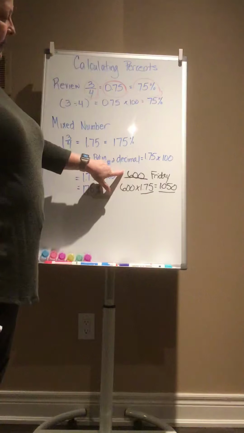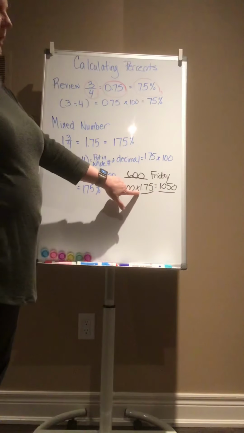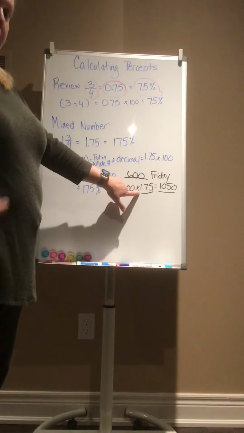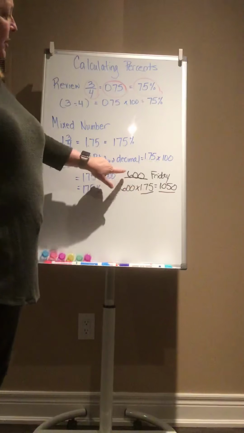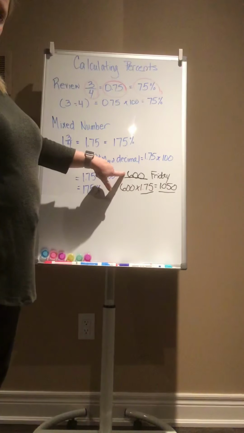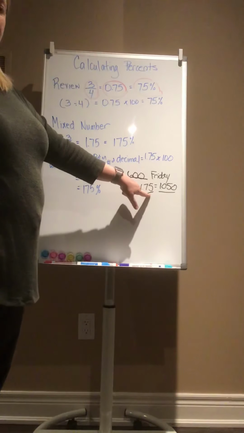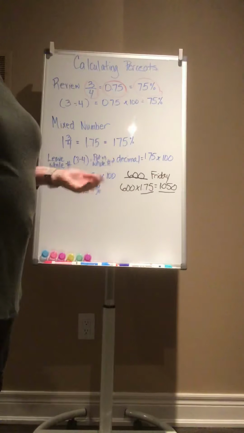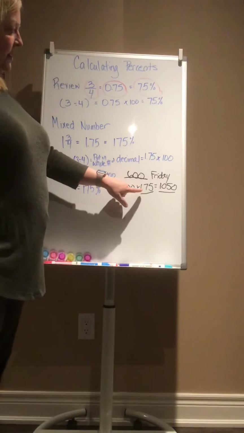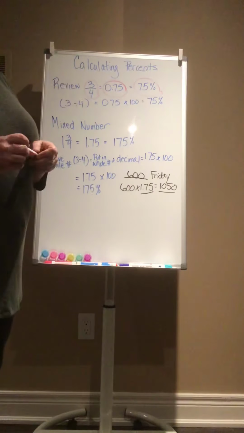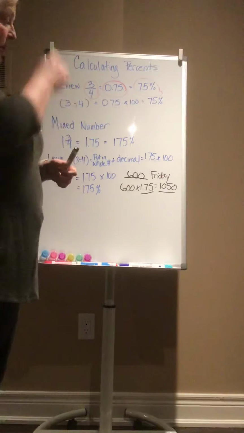So just like here, as soon as I put this 1 here, it told the math sentence that we have the original 600 people, but now we have 75% more as well. So you could do it in 2 steps, but there's no point, because as long as we take into account that original amount, we're good to go.